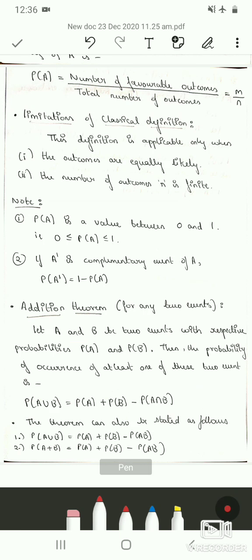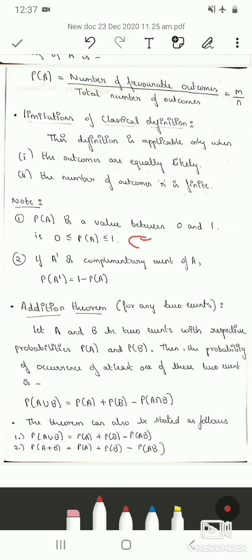The probability of A is a value between 0 and 1, that is, probability of A lies between 0 and 1. So whenever you are calculating a problem and they have asked you to find the probability of a certain event, and if your final answer is outside the range of 0 to 1, it means there is some mistake in your calculation. You have to recheck.